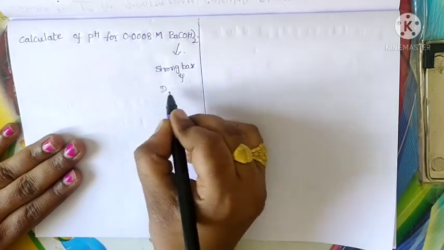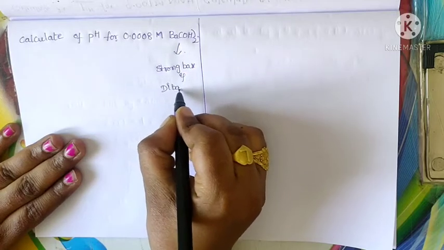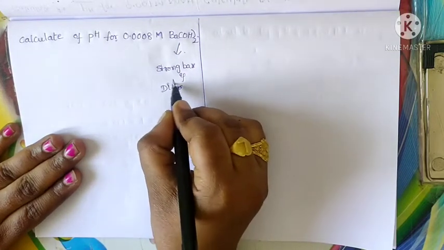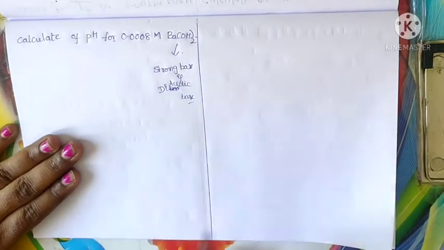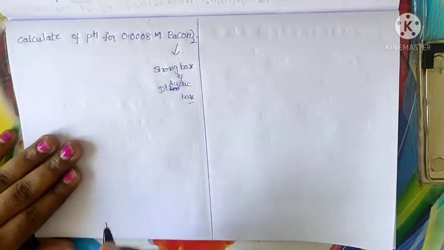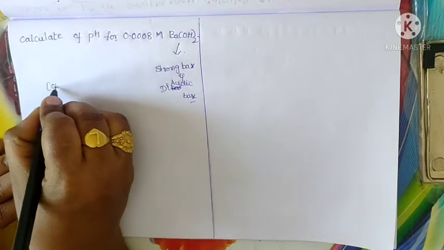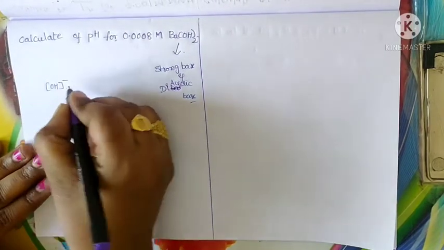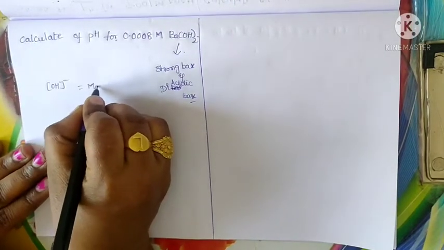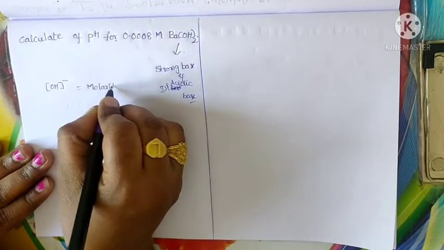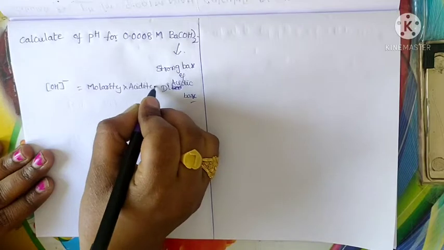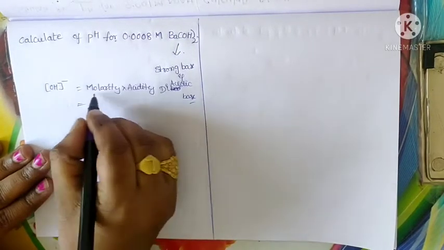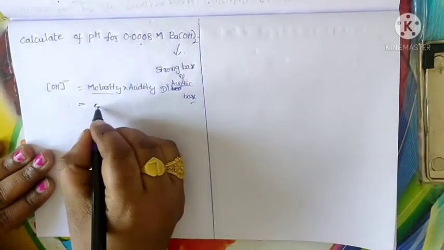So in this, how many moles of barium hydroxide are given? 0.0008 moles. Now we are first calculating the concentration of OH. The concentration is equal to the product of molarity into acidity. In case of an acid it is molarity into basicity.